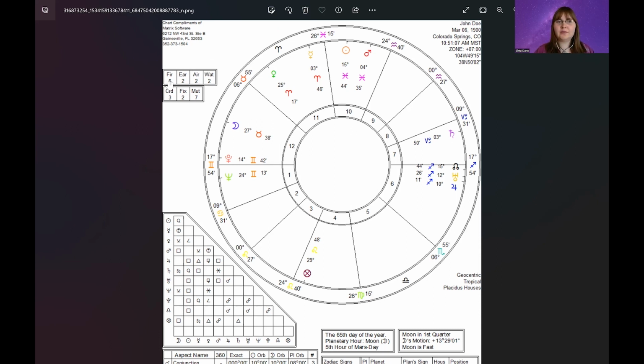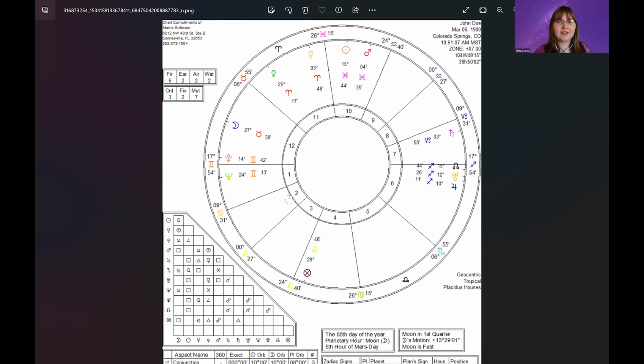We have 6 in fire, 2 in earth, 2 in air, 2 in water, 3 in cardinal signs, 2 in fixed signs, and 7 in mutable modality. So this chart has a lot of fire and a lot of mutable energy.